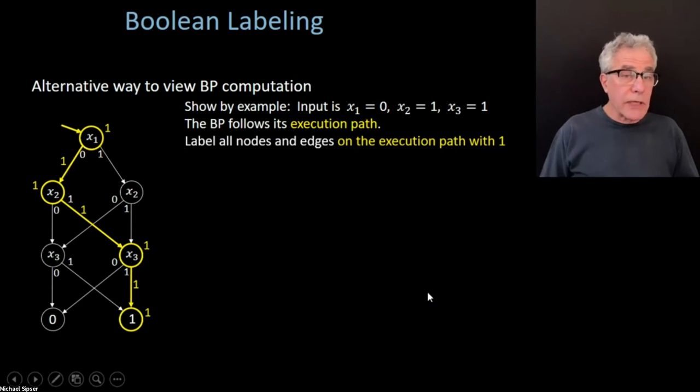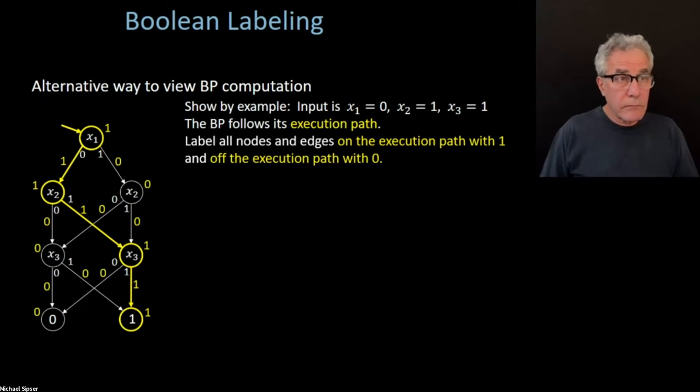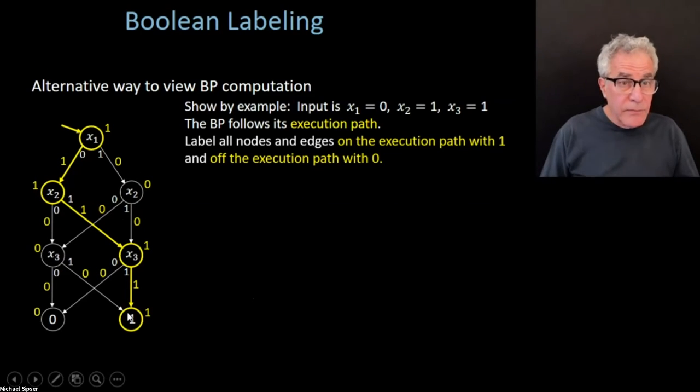And all of the nodes and edges that are not on the path, all the other nodes and edges, are going to be labeled 0. Okay? So by following the 1s, it's like the breadcrumbs in Hansel and Gretel. This is the path you need to follow to get through the machine. The 0s are the places where you don't go.